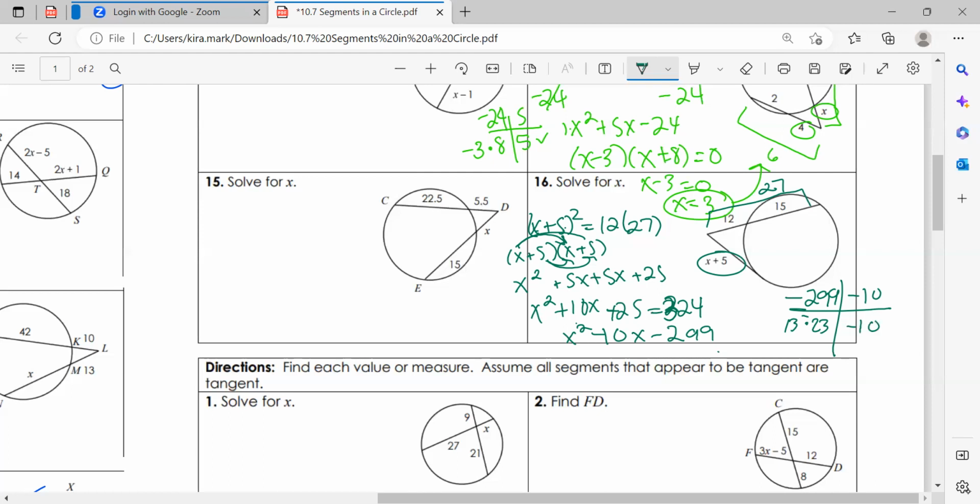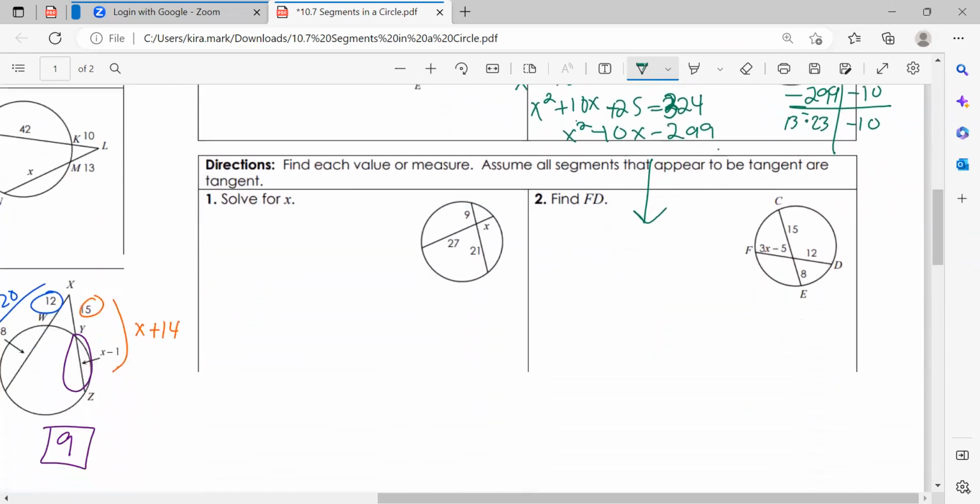Oh my gosh, that was such a mess of a factoring problem, but you just had to keep going until you got the factor, which honestly didn't take me very long. Coming down here to do this problem. So my factors are 13 and negative 23. So I'm going to do x plus 13 and x minus 23.